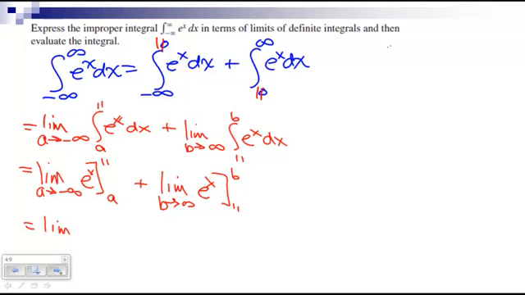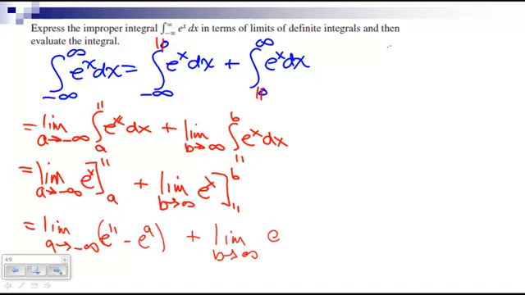The limit as a approaches negative infinity of e to the 11th minus e to the a, plus the limit as b approaches infinity of e to the b minus e to the 11th.